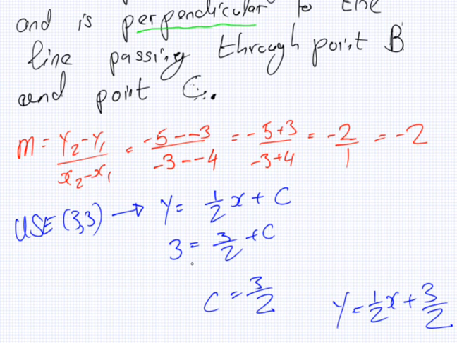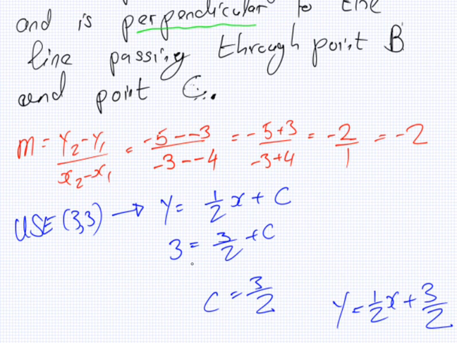So what is the slope of the line which is perpendicular? If this one is minus 2, then this one would be 1 over 2. Good. So now we have y equals 1 over 2 x plus c. What we need to do is find the c now. We find the c like before, we need to use a point. But do we use A, B, or C?